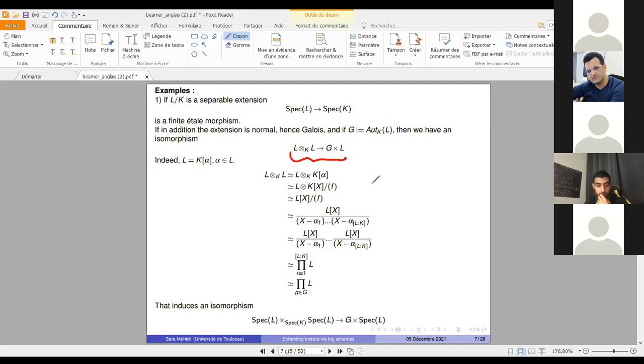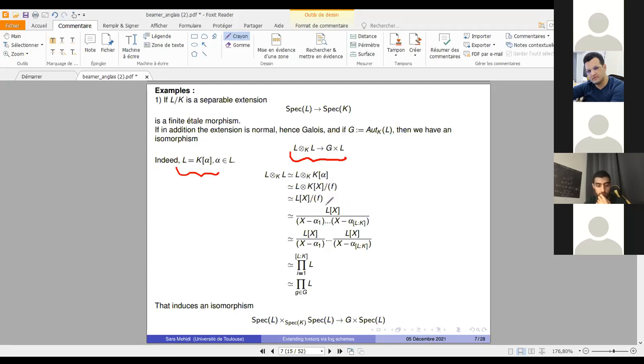It is not hard to prove. Here, since L is a separable extension of K, I can write L as K(alpha) with alpha an element of L. So taking this tensor product, K(alpha) can be written as K[X] over the minimal polynomial of alpha on K, which is denoted F here. So this is equal to this by extending scalars.